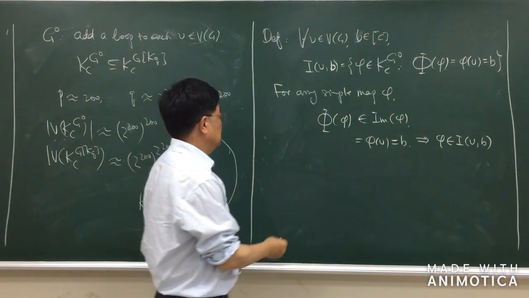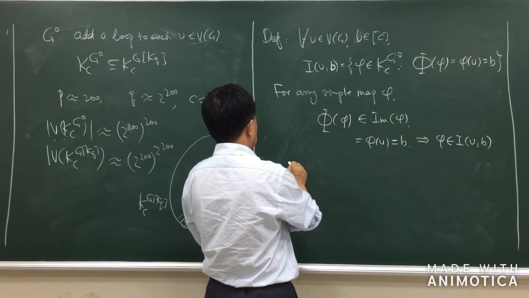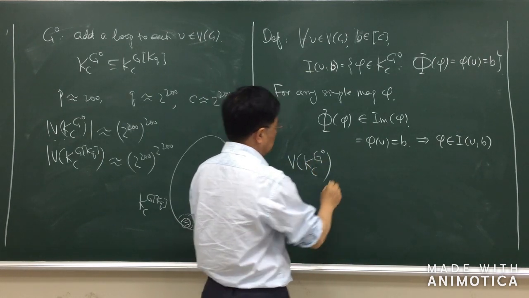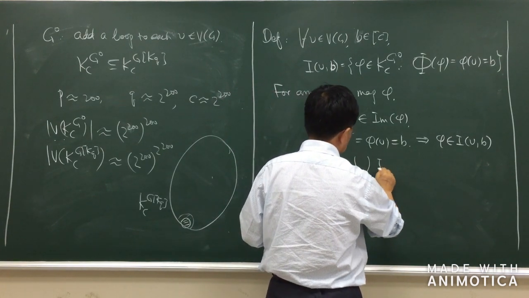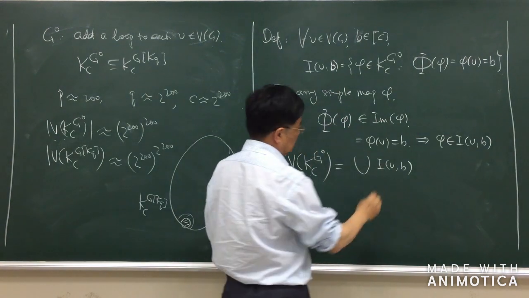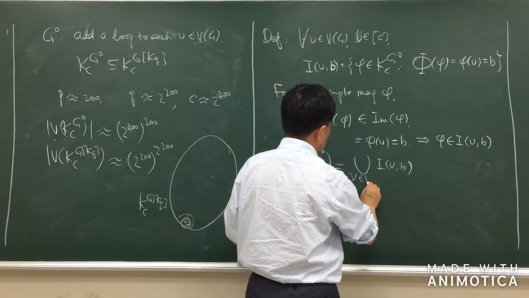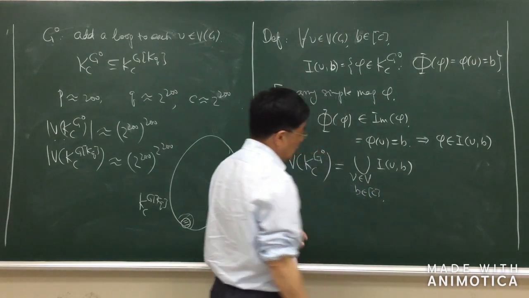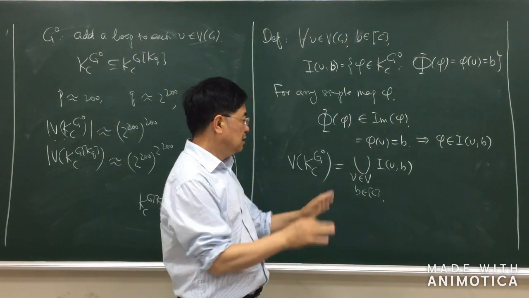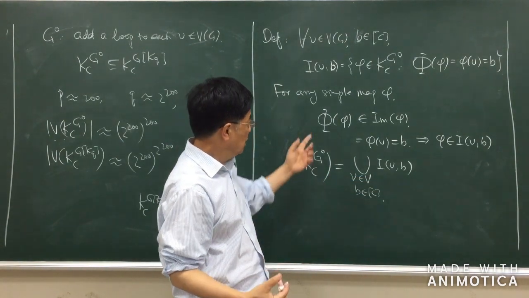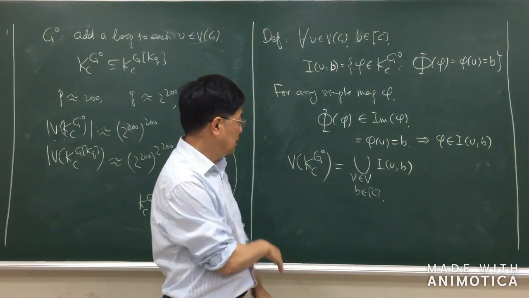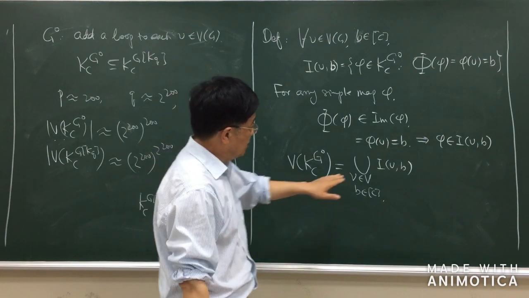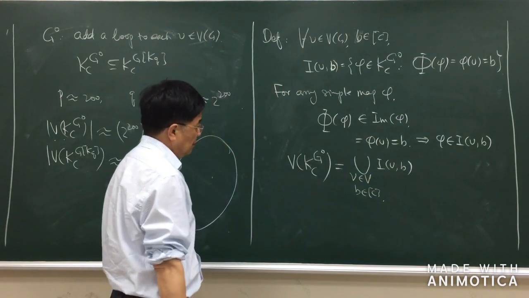So if you look at all these simple maps, it is equal to the union of such sets, where v is chosen from all the vertices of G, and b is chosen from all the color set. And this union is not disjoint. They may overlap, because a map can belong to many of these sets. Anyway, let's have a look at the average size of this set.